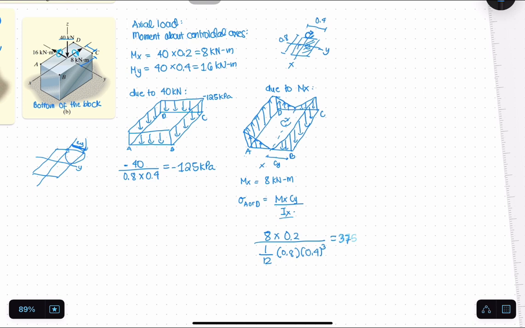So, 375 kilopascal. So, positive to, class, on the side na ito sa left side ng ating x-axis.